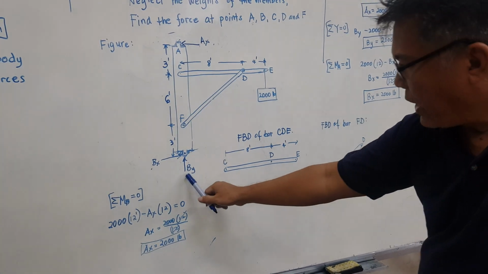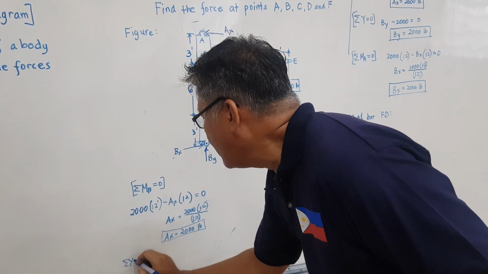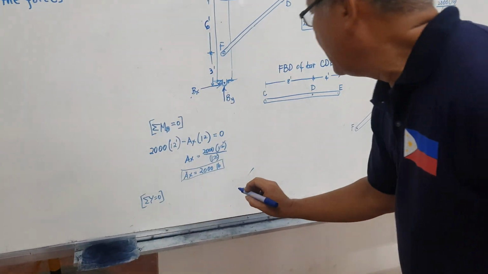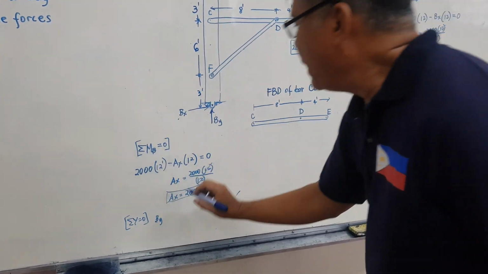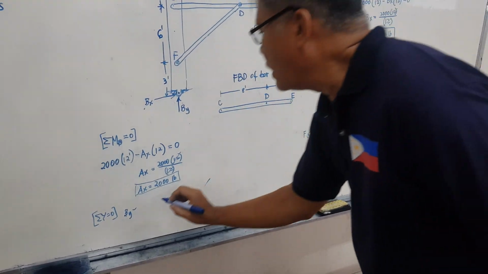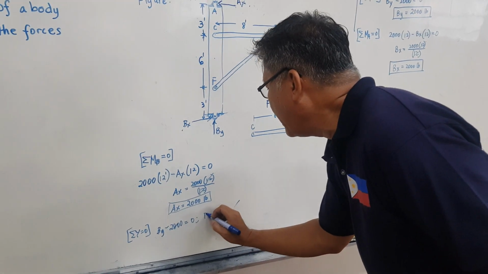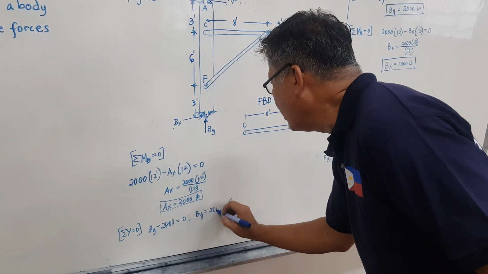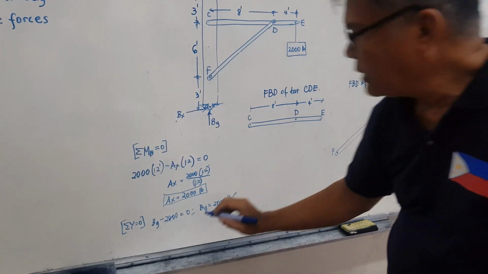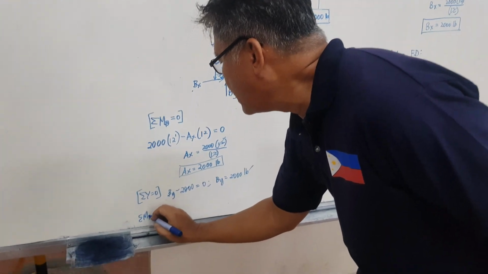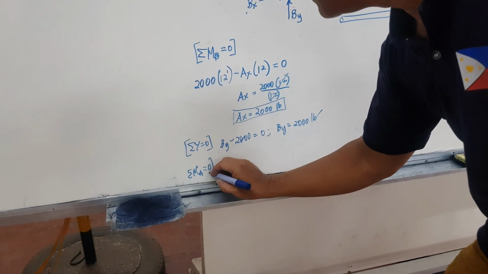So that is one of the answers for point A. To solve for By, we are going to take summation y equal to 0 for the whole system. So that means it will be By going up minus load, which is 2,000, equal to 0. So By is equal to 2,000 pounds. So in order to solve for Bx, we also need to take summation moments at A equal to 0.